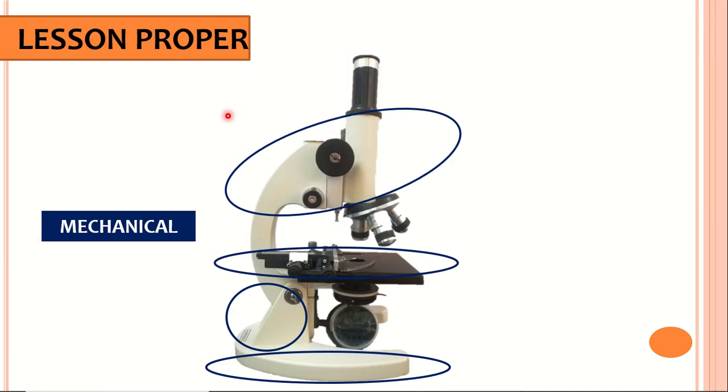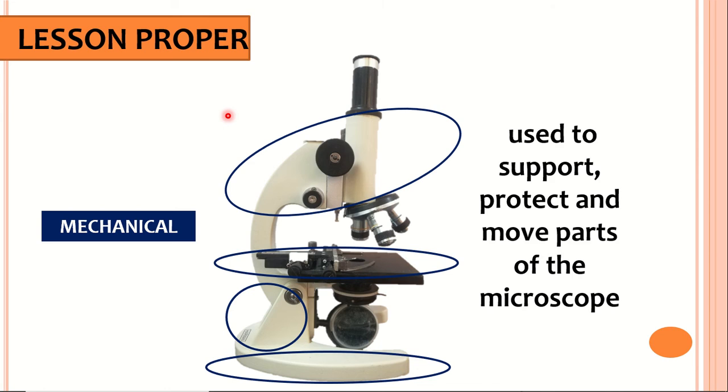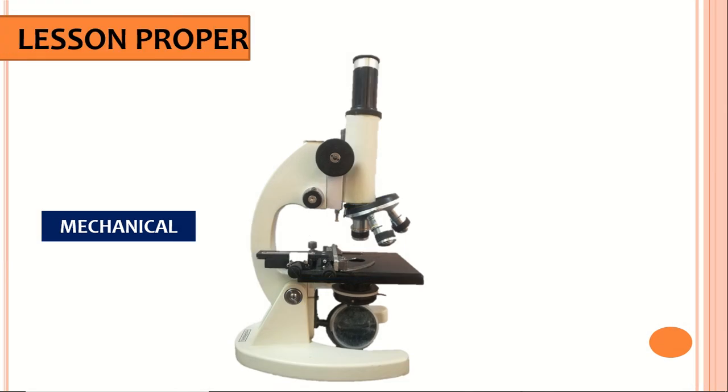And now we are in the last major part of the microscope, which is the mechanical parts. Mechanical parts are used to support, protect, and move parts of the microscope. Mechanical parts are composed of 10 specific parts.